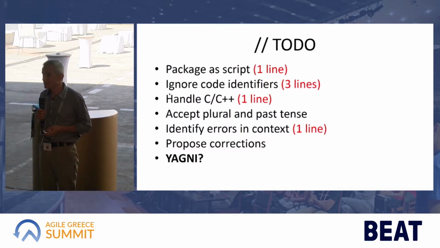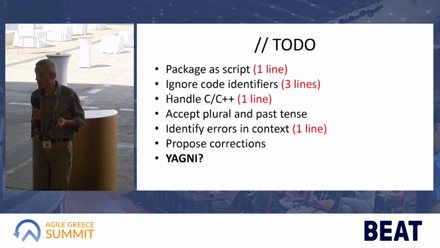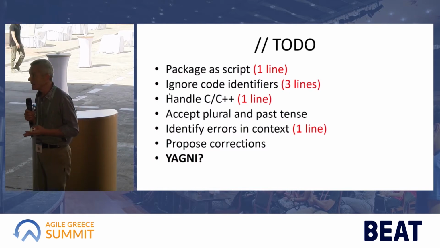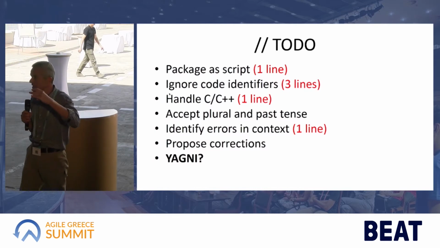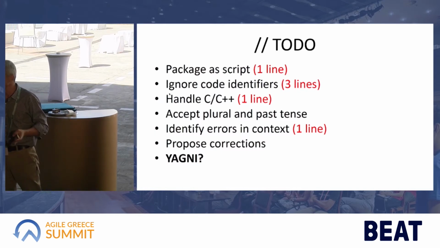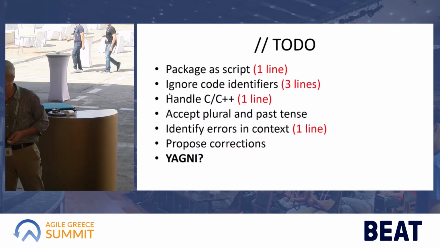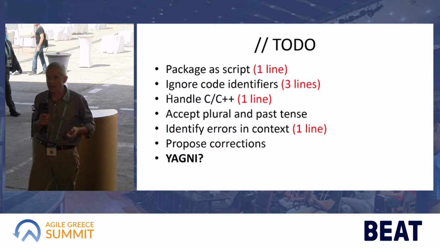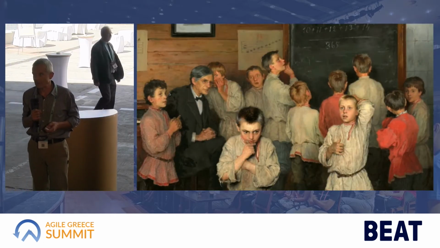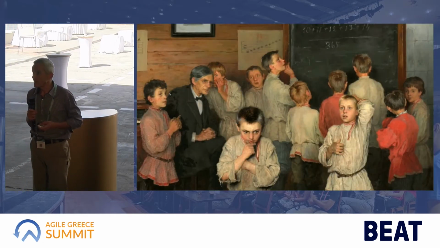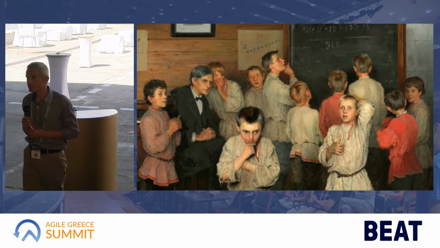For other things, the YAGNI principle applies. You ain't gonna need it. So by building it step by step, we find out what is useful, what we can integrate in our continuous integration pipeline, and the rest we don't spend time and effort in doing that. So, what are the lessons we learned from here?